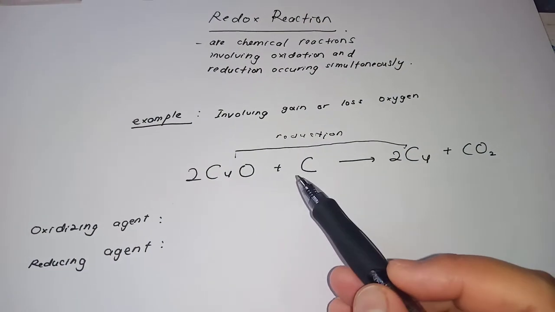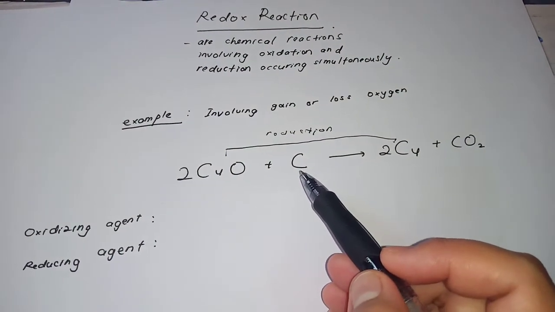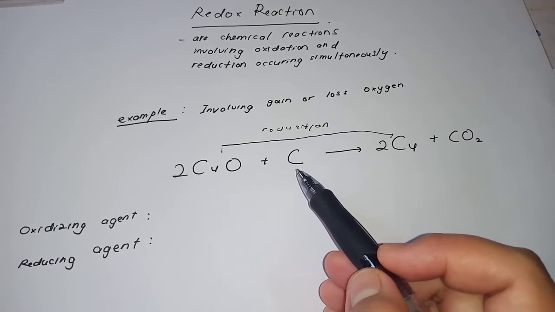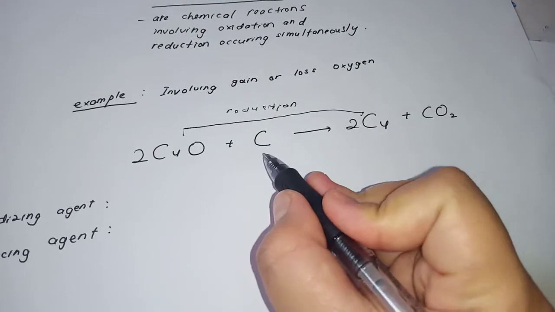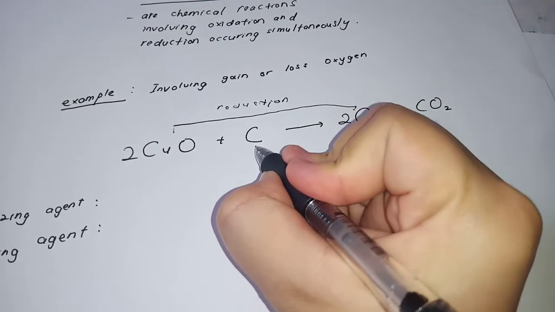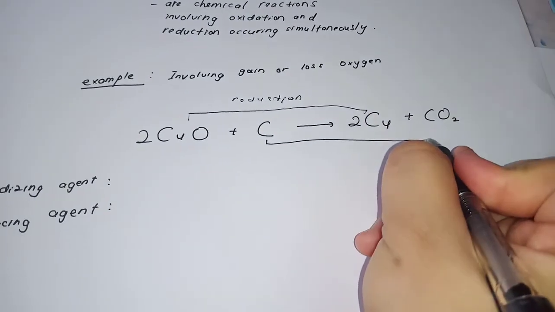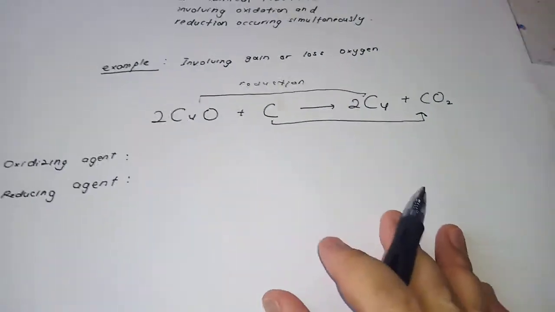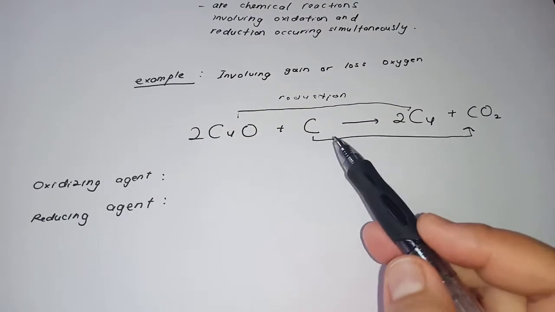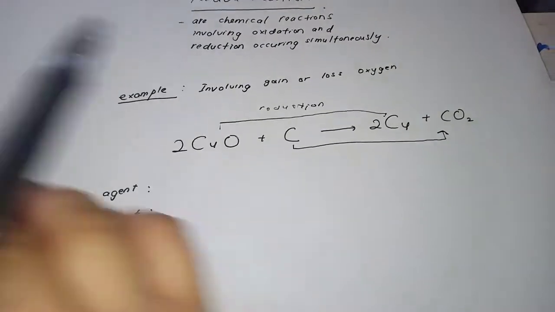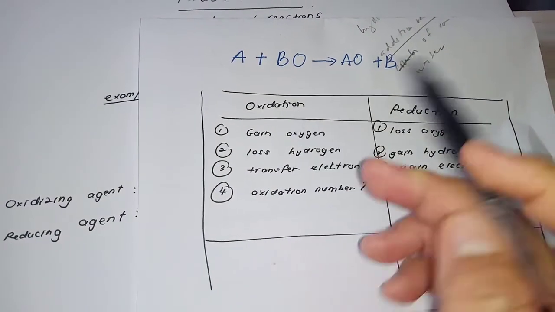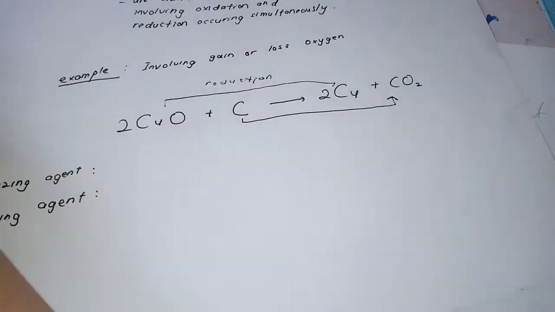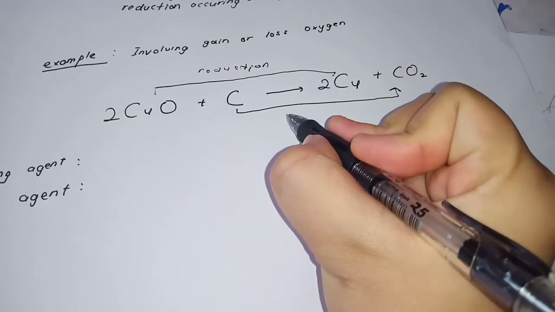And then the second one, carbon. Carbon before the reaction doesn't have any oxygen, but after the reaction it becomes carbon dioxide. So meaning that carbon gains oxygen. Remember, gain oxygen is oxidation. So this is oxidation reaction.